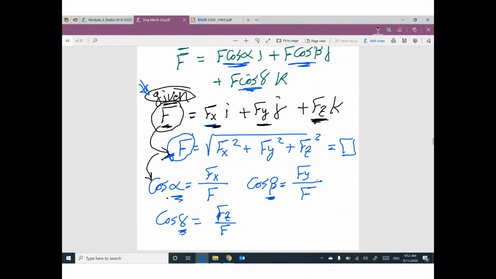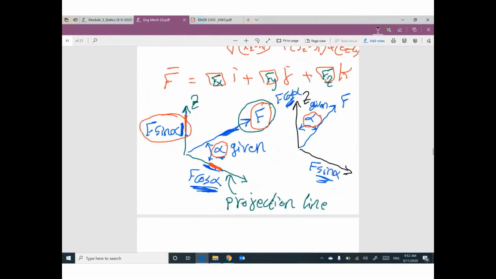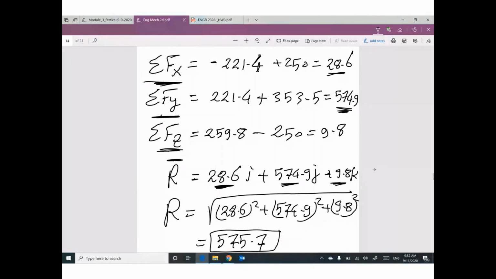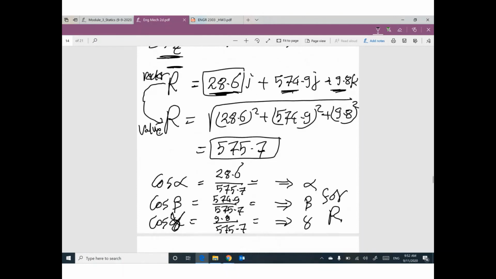So the situation right now is that the summation of all x components, y components, and z components represent the x, y, and z components of the resultant force. So I can convert this resultant force as a vector to a value, and I can figure out the angles of this value by cosine alpha, cosine beta, cosine gamma.